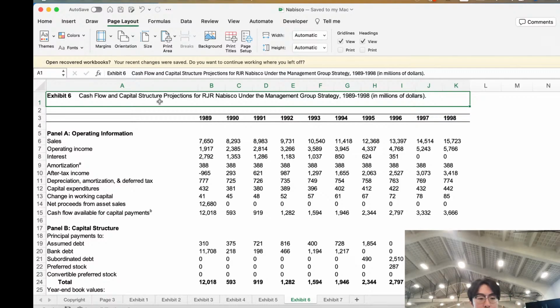Alright, so we have the cost of assumed debt, cost of bank debt, cost of subordinated debt. Yeah, these are all the risk-free, and then this should be the same. Yeah, that's good. Okay, tax shield is equal to 66%.